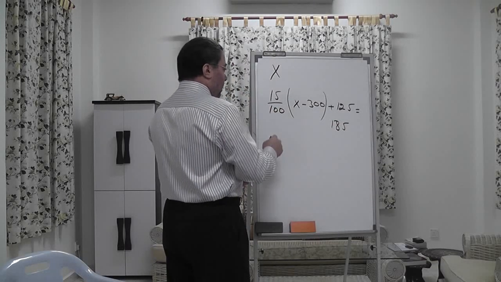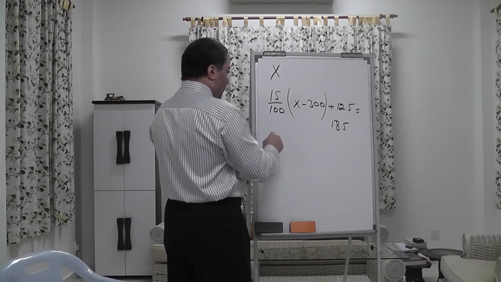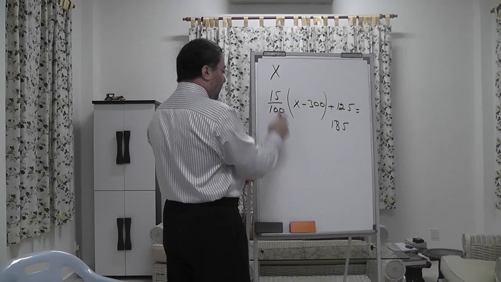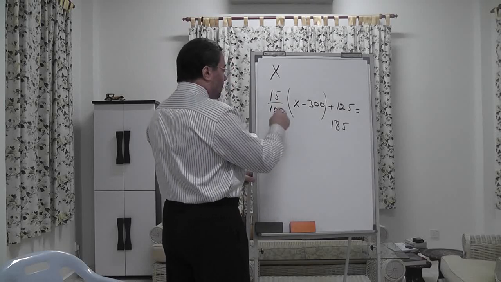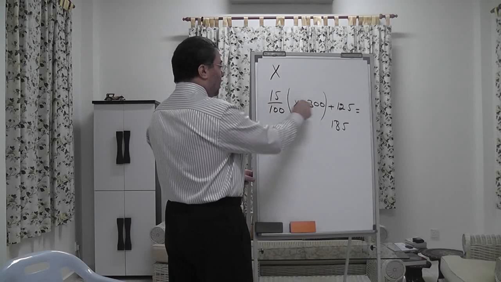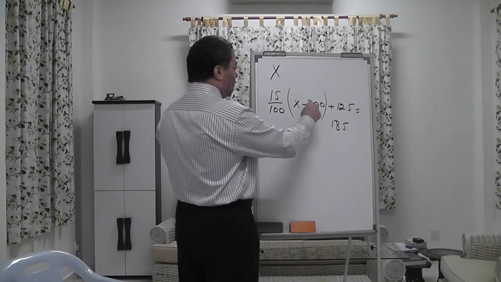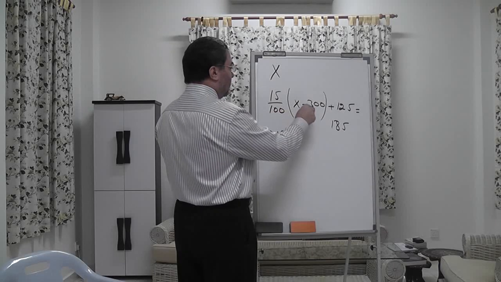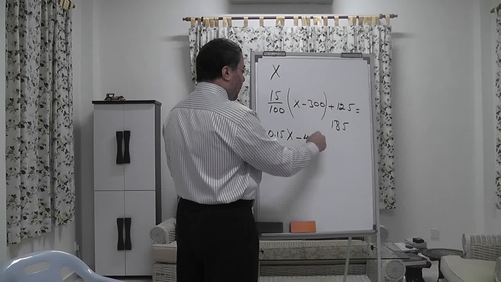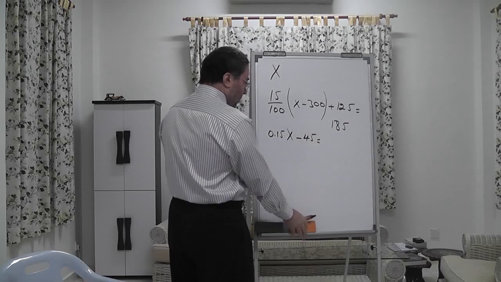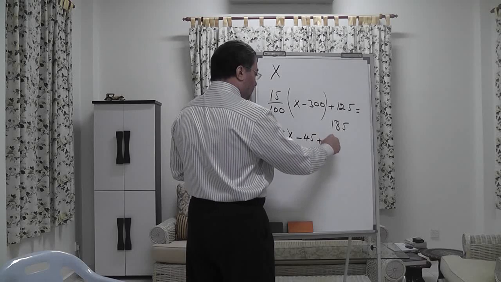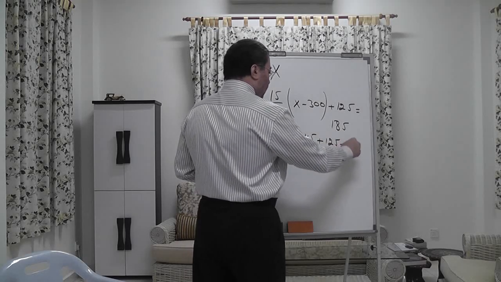So here we can multiply inside by 0.15, since this is 0.15 if we remove the 100. So 0.15x, and here when we multiply by 300, the two zeros cancel the two zeros, and we are left with 3 times 15, and that's minus 45, plus 125, equals 185.